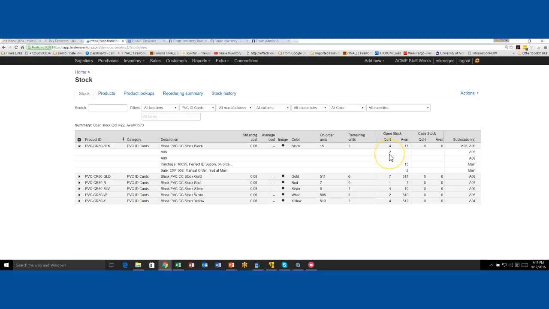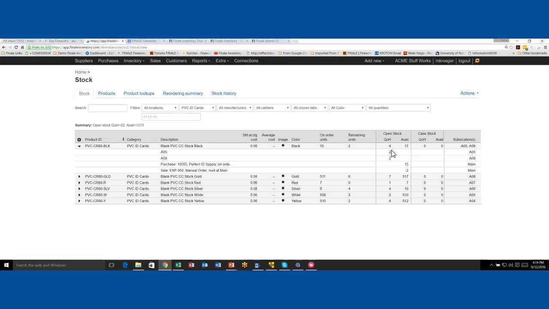Now, if we conclude our stock take and we only counted the 2 items at A05, then that would be the end of the stock take. If there happened to be something else in that location, a cycle count mode would not reset that value of something else in that location.